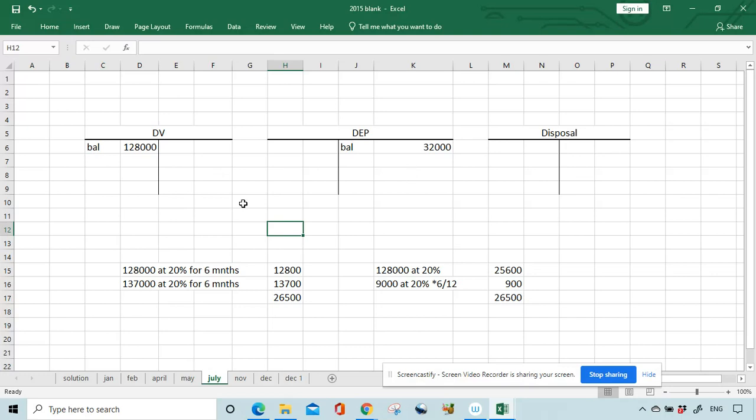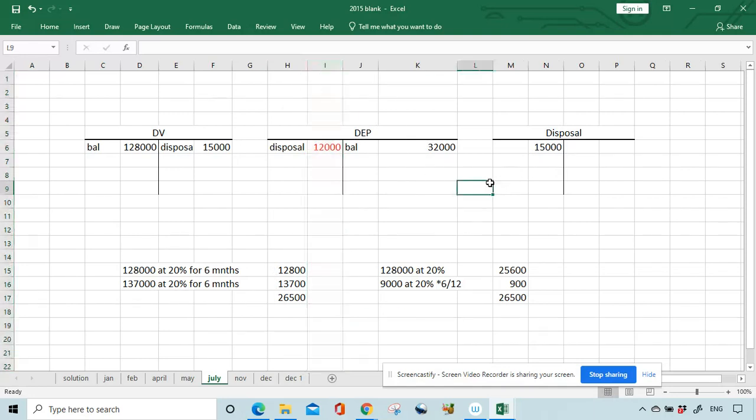So the note says a delivery van which cost 15,000 was traded in. So we disposed of a van which cost 15,000. So we credit delivery vans 15,000. We debit disposal 15,000. We worked out the depreciation was 12,000. So again, disposal depreciation must be written off as well of 12,000.